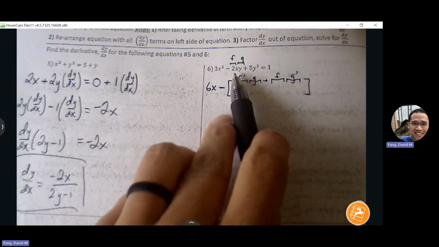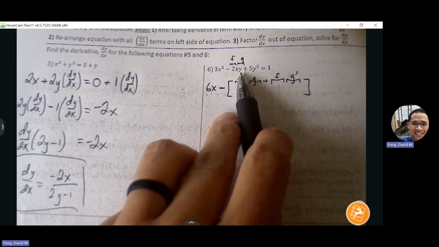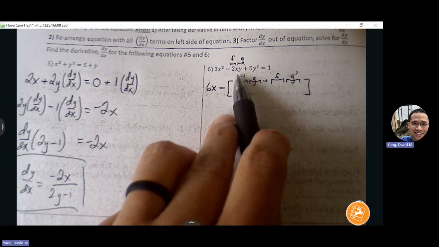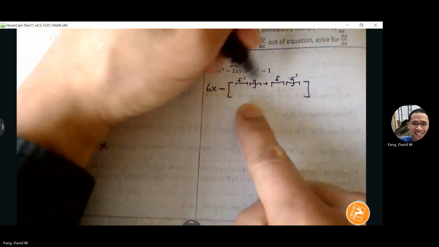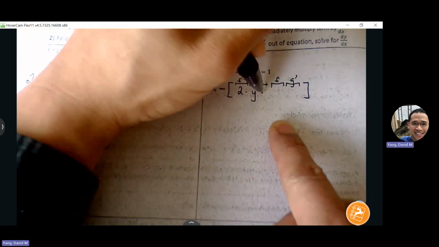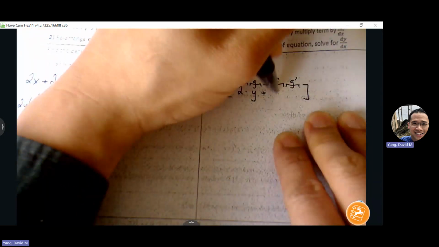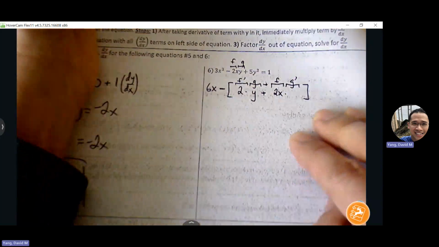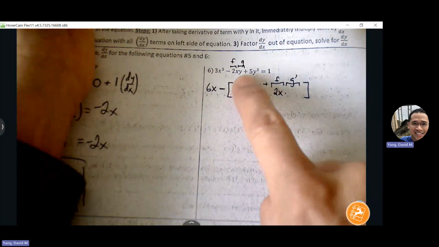So 2x, I'll treat 2x like my f. I'll treat y as my g. Okay, 2x becomes what? 2. G function, no changes. F, no changes. And g prime, y becomes what? dy dx.